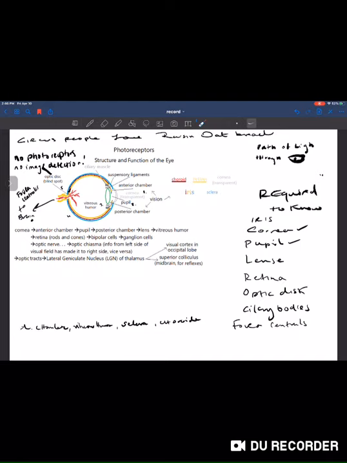Now, moving on, we have our optic disc, which is our blind spot. And the place on the retina, the optic disc, is where the optic nerve forms. And that's our blind spot. So one might ask, why do we have a blind spot? Well, there are no photoreceptors here, and thus no image detection can occur here.